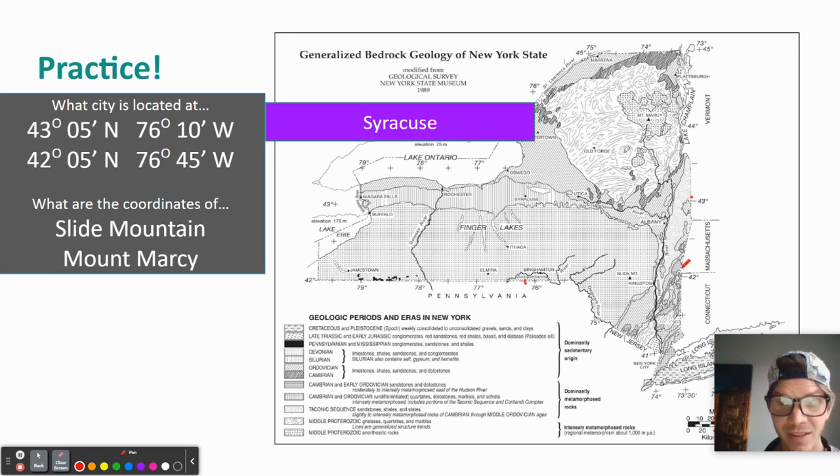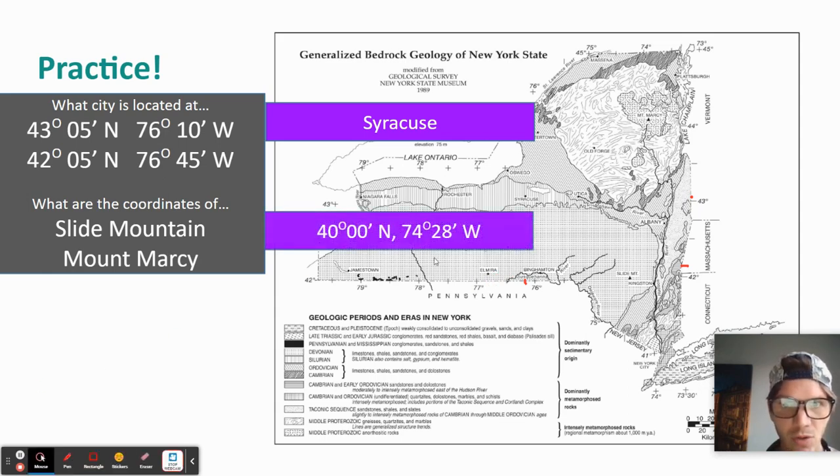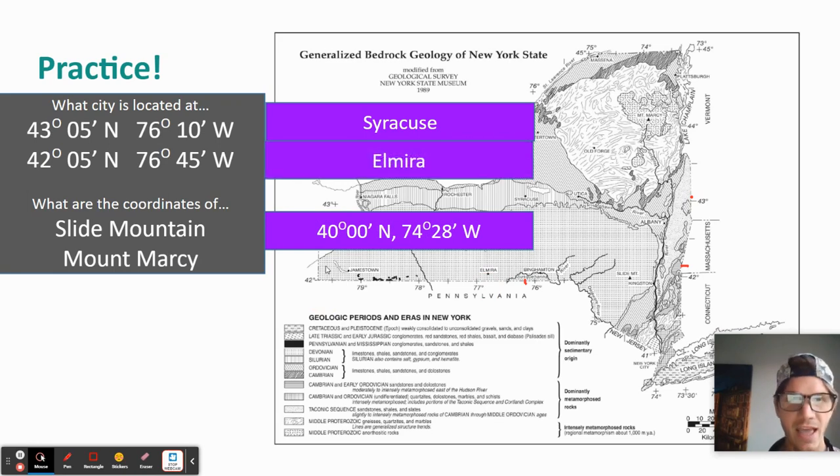I hope you didn't just jump on that 43 degrees and 5 minutes again. Slightly different number. So about here. And my longitude is 76 degrees and 45 minutes. So 76:30, 76:45. It looks like the best city for that location would be Elmira.